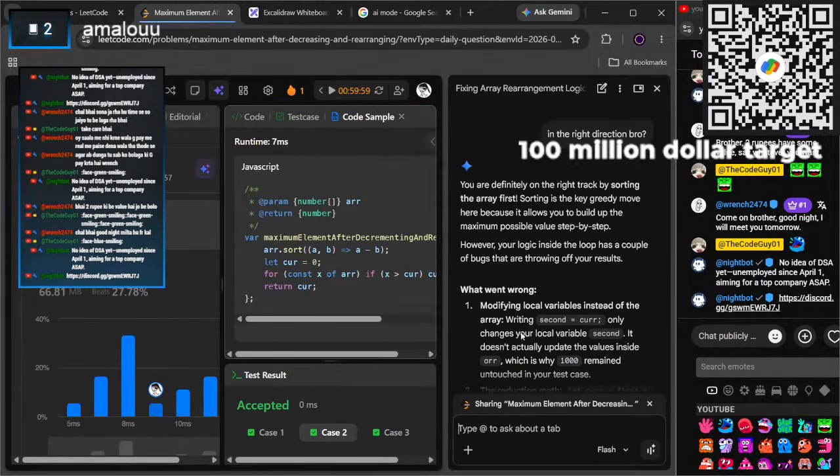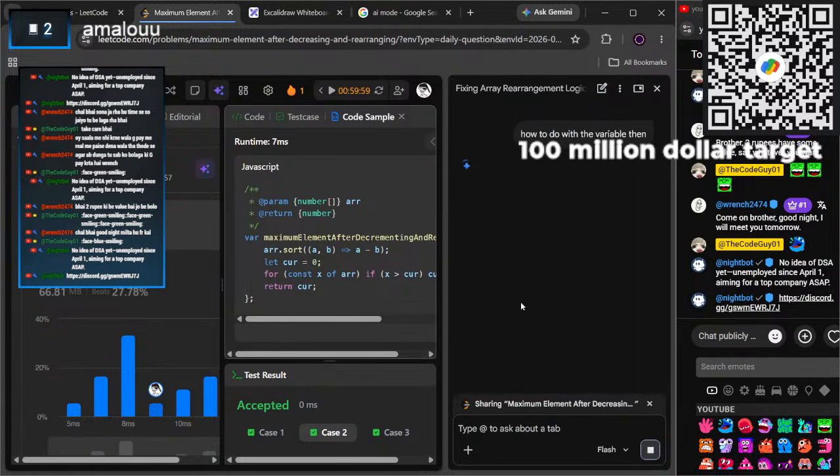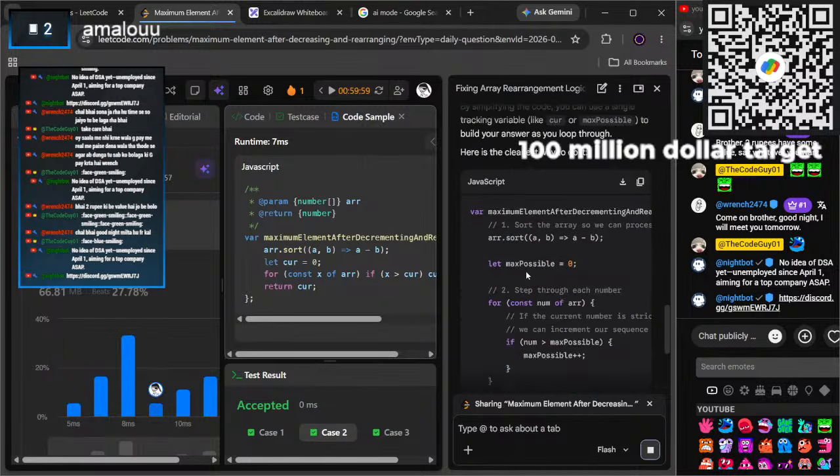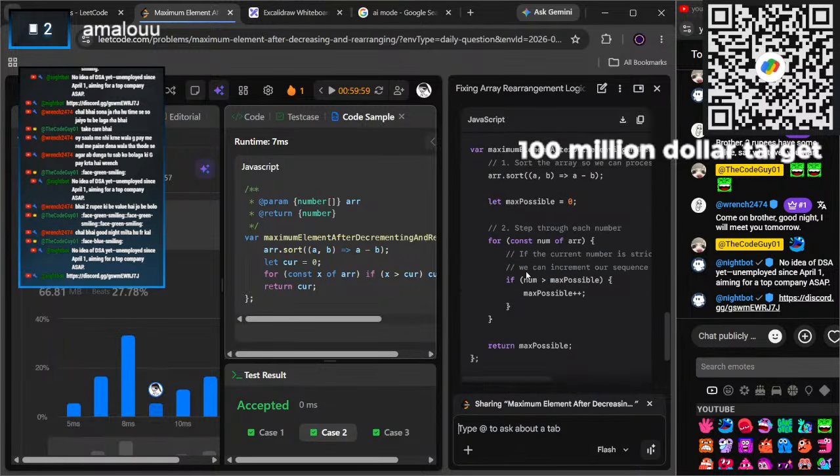How to do it with the variable then? No, I want to do it with the variable. Can you do it with the variable? Oh, he did something crazy.